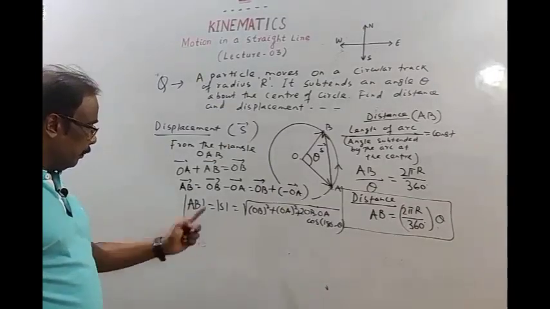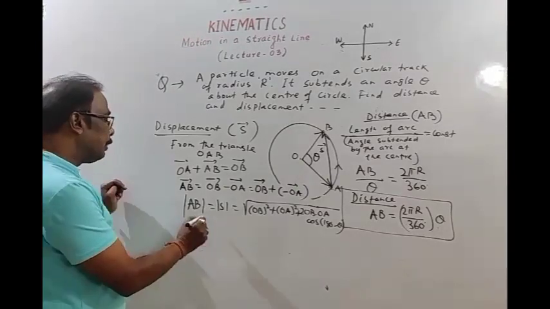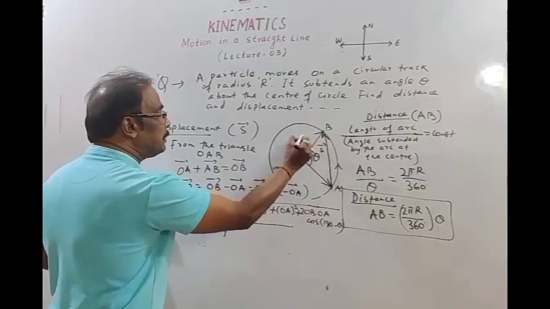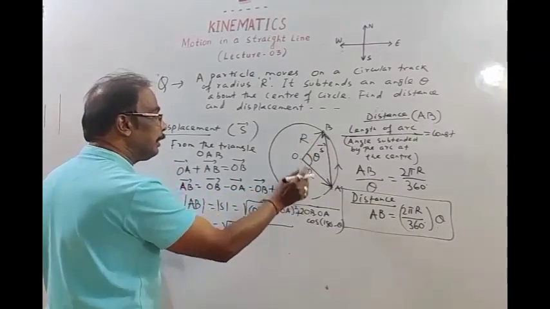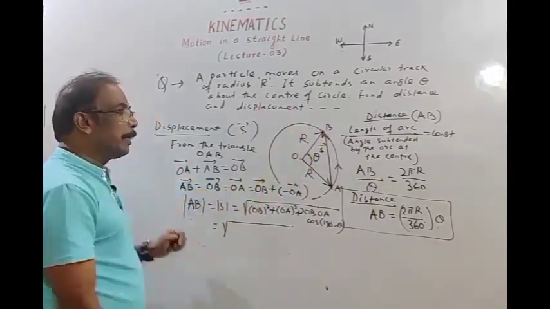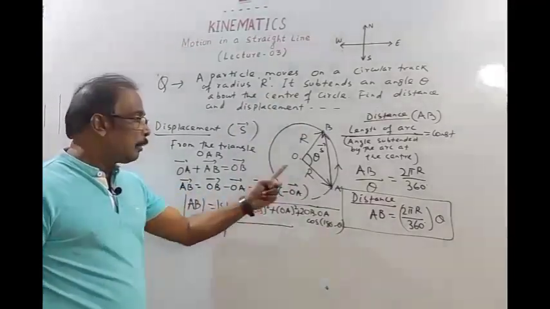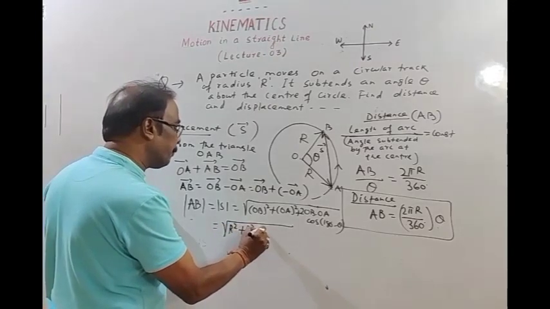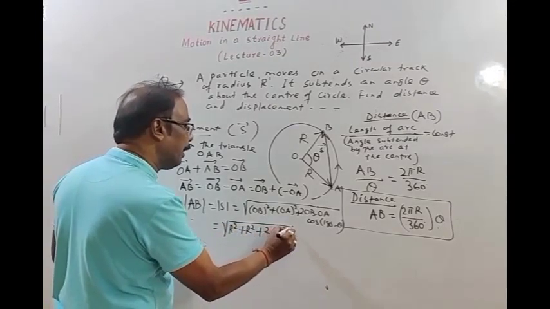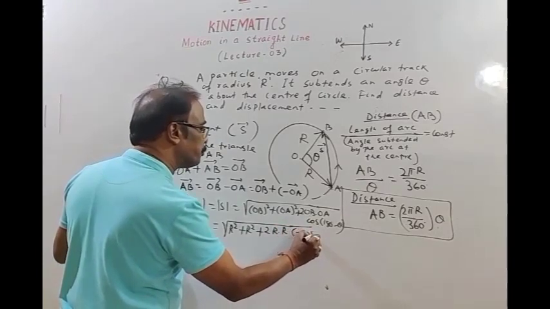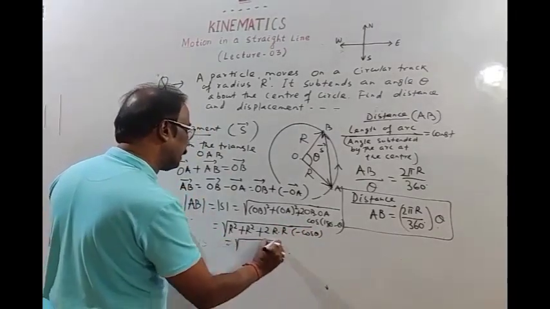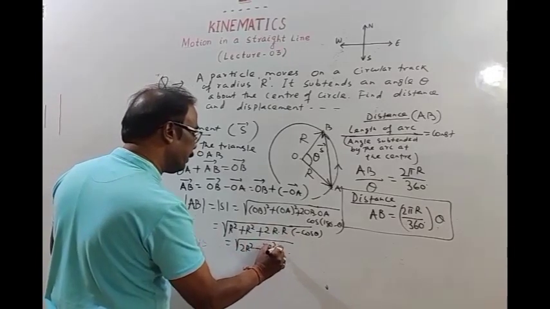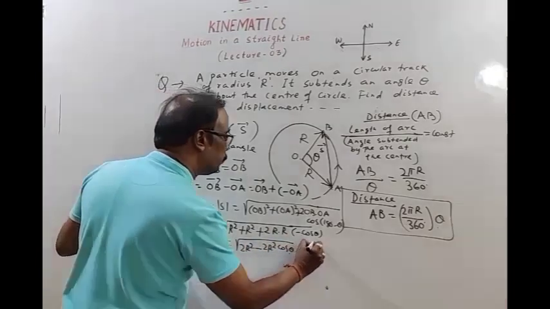According to the principle of vector subtraction, OB is the radius and OA is the radius, so the length of OB equals the magnitude of the radius r, and OA is also equal to r. So r square plus r square plus 2 r r cos(180 degrees minus theta), which is minus cos theta, and finally it comes to 2r square minus 2r square cos theta.